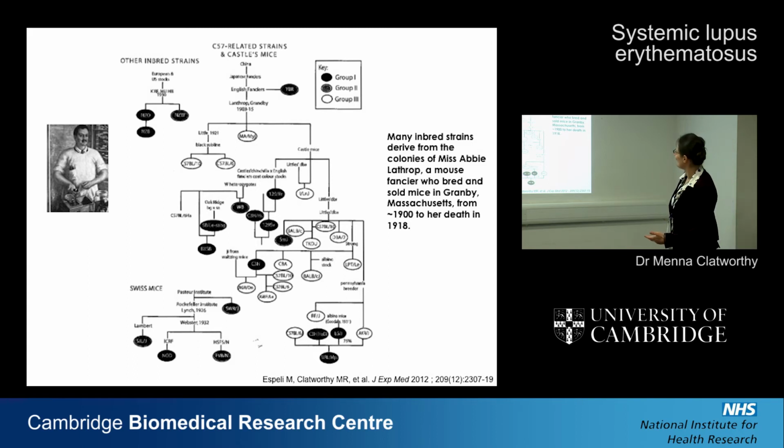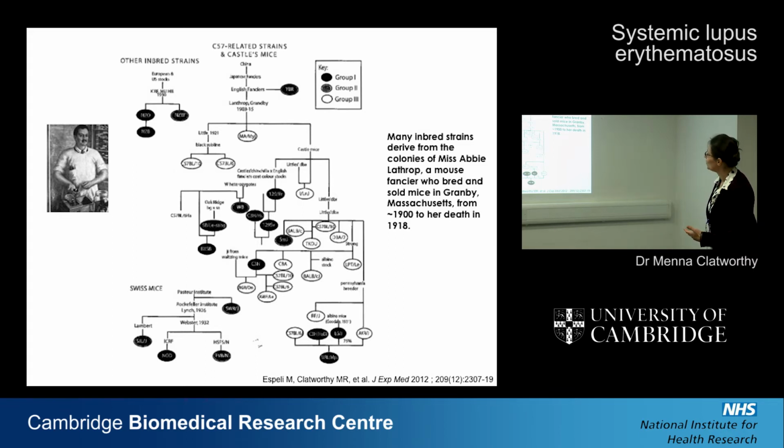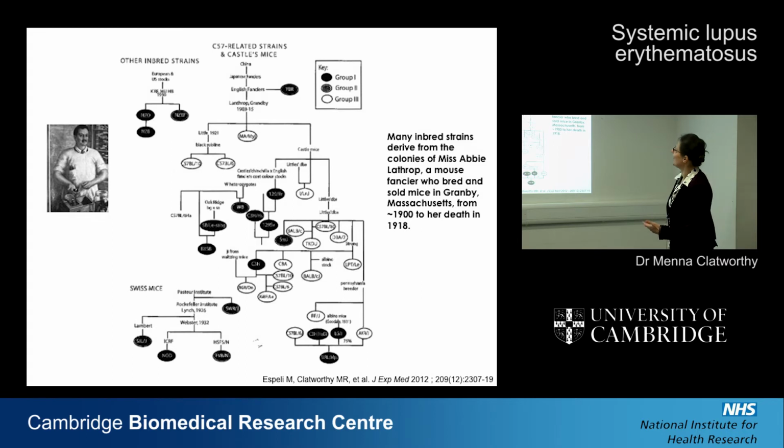But she was interested in experimentation and collaborated with two people who worked at Harvard, Granby and Little and Castle, and gave some of her inbred strains that she had bred in her garden for use as mouse models. And she contributed to some papers that defined the effect of hormones, or the endocrine system, on some cancers.